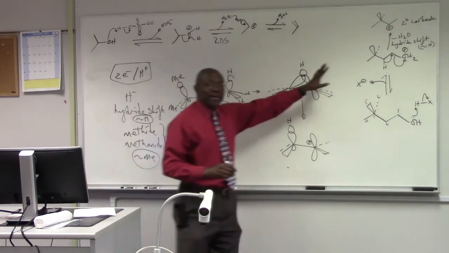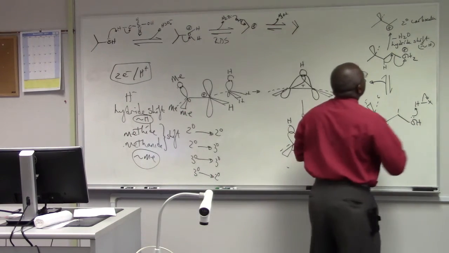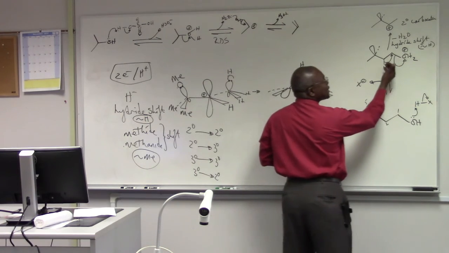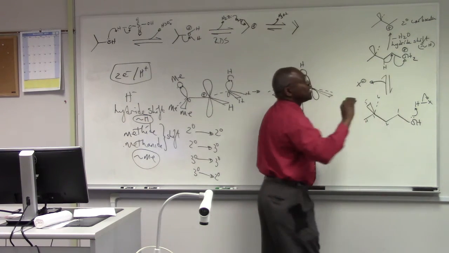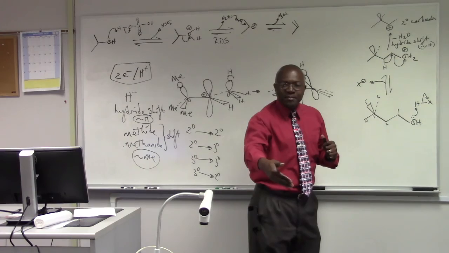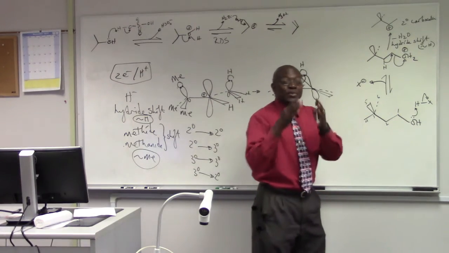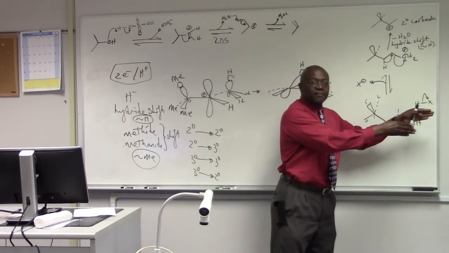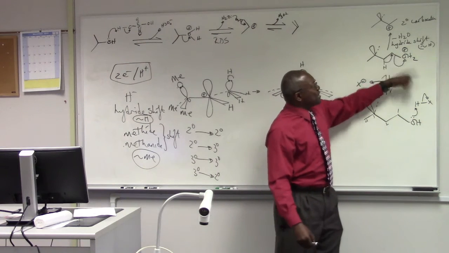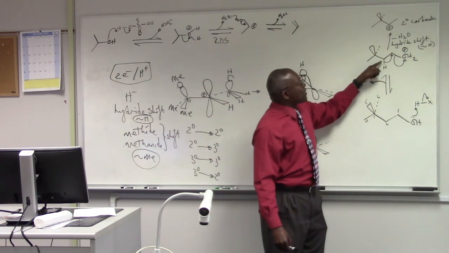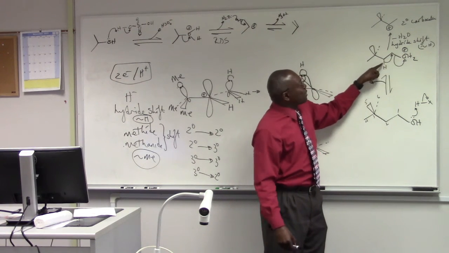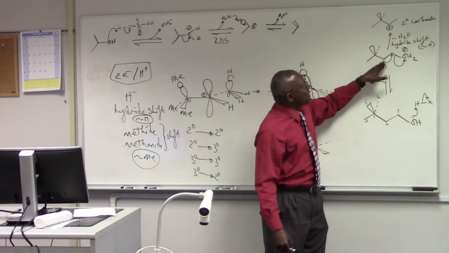So if we go back to this structure, in this case we had a hydride shift occurring in tandem with the water loss, because we can't make a primary carbocation. So the water can't just leave on its own. It requires assistance from the two electrons in the CH bond.